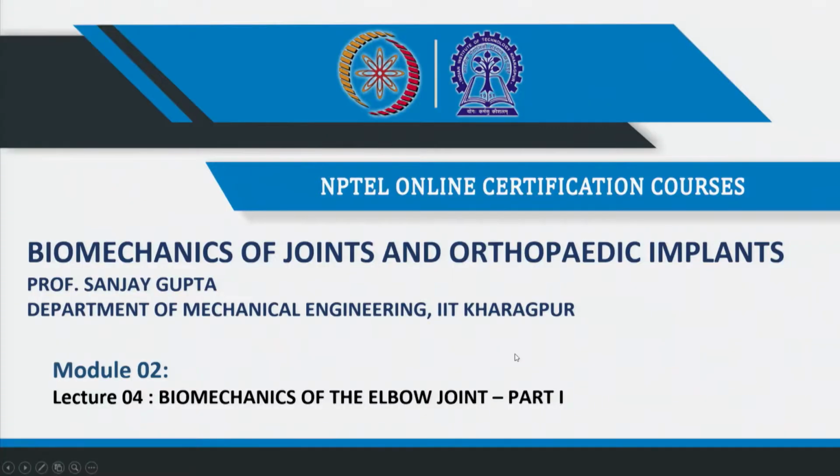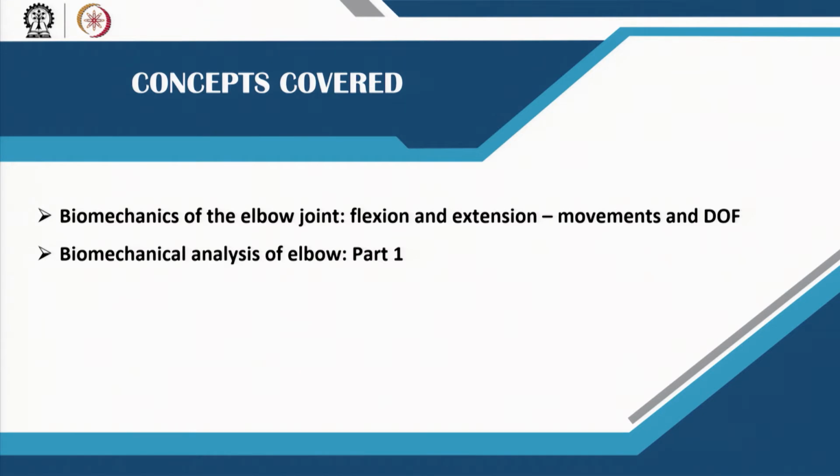The second module, lecture 4, is on biomechanics of the elbow joint. This was part 1 of the lecture, followed by part 2. The concepts covered in this lecture are the biomechanics of the elbow joint, the movements and degrees of freedom during flexion and extension, which is one of the primary movements of the elbow joint.